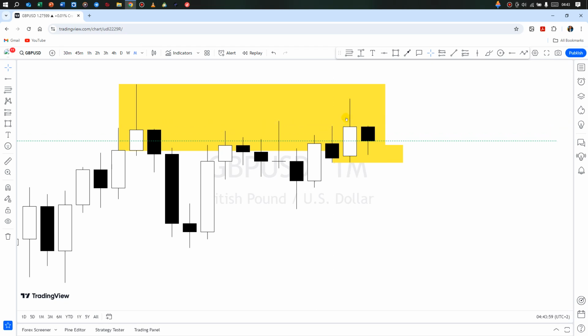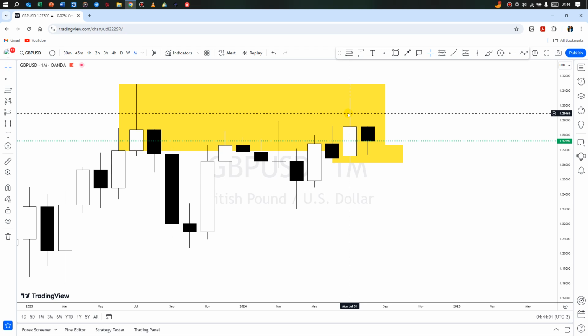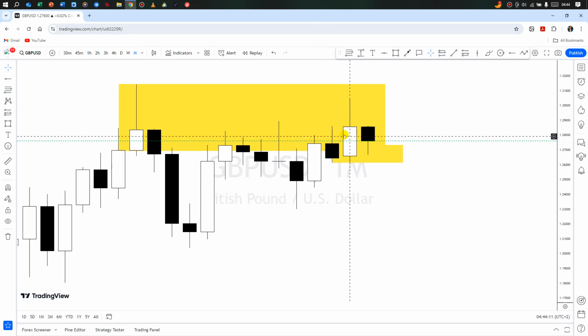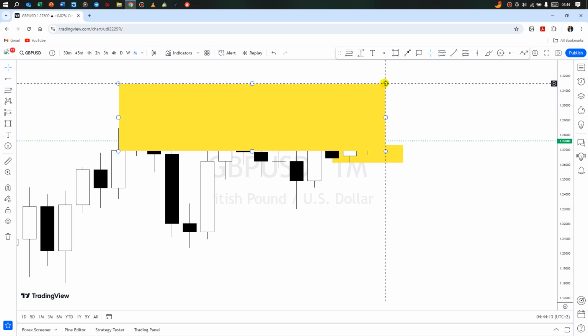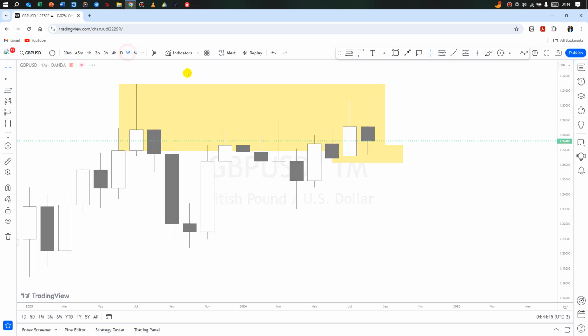We'll have to go to the weekly time frame to verify where the price is coming from, on the weekly time frame, not the monthly time frame, right? So let us go to the weekly time frame.